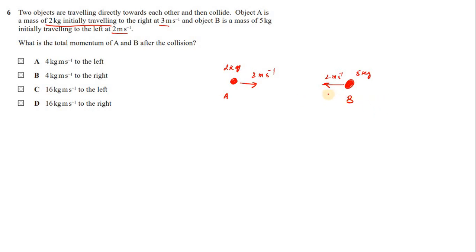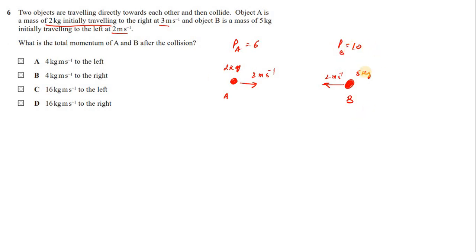So the total momentum will be the sum of the individual momenta. PA will be 2 times 3, which is 6 newton second, or kg m s^-1. I'm not writing units because there's nothing to do with that. And B has a momentum of 5 times 2, which is 10 kg m s^-1.